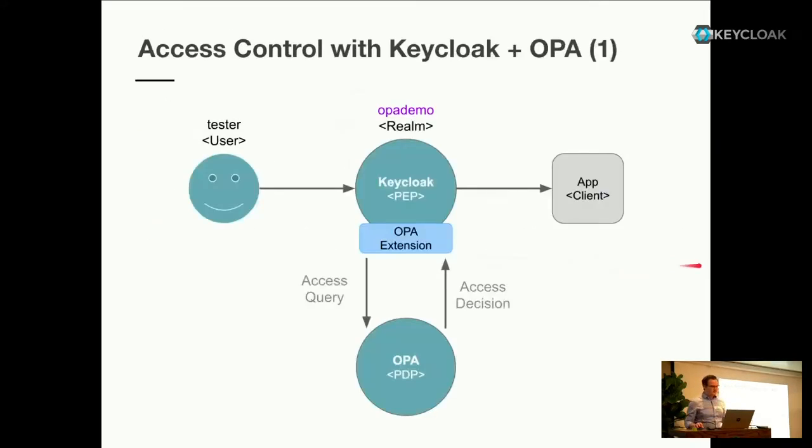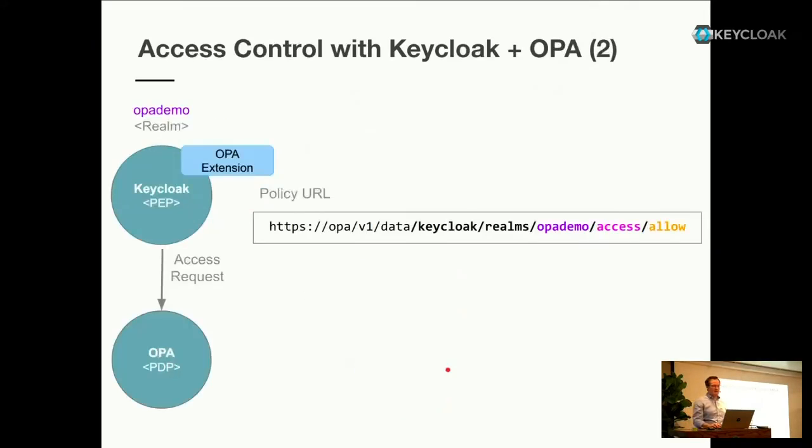But let's see. In the following, I have basically set up the following thing. I have a user in the realm called opademo, and Keycloak is configured with an OPA extension that can then perform access queries against OPA as a PDP and evaluate those access requests. And it works like that.